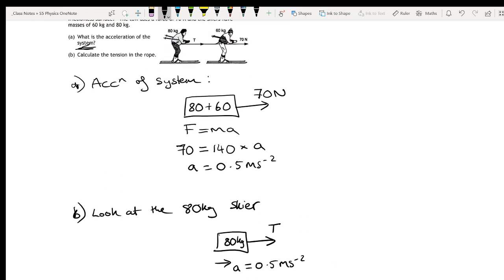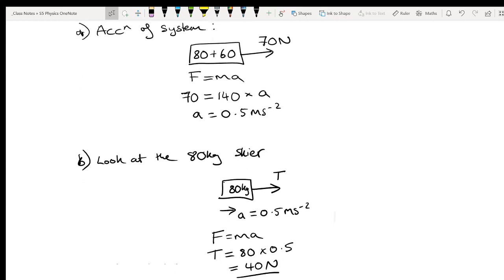You could use 60 kg, but you'd also have the force pointing in the opposite direction. So for the 60 kg one, you would have the tension pointing in this direction. So you'd have 70 as well.